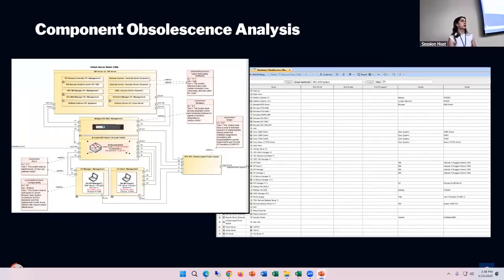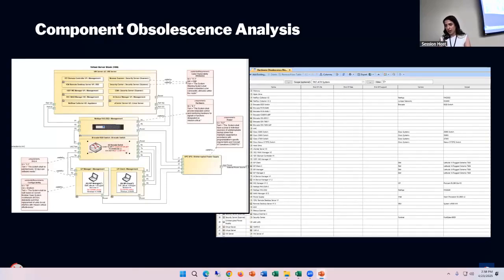So starting off with the obsolescence management tool, we require for the tool to work system component data as an input. And that input could be provided as a system architecture model in Cameo. It could be provided in a BOM in some type of tabular format, or it can be provided within an engineering drawing.